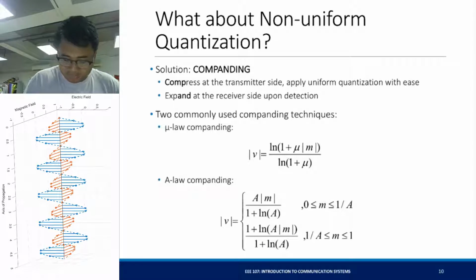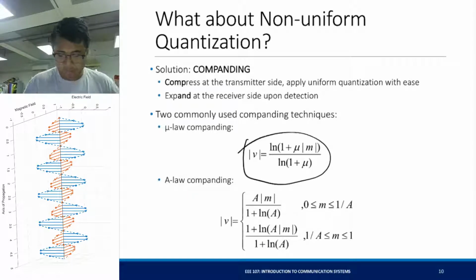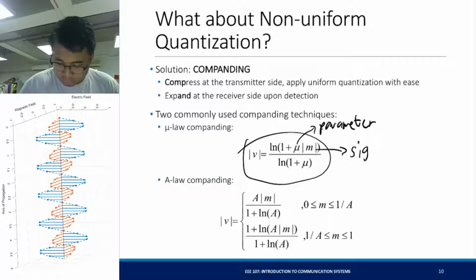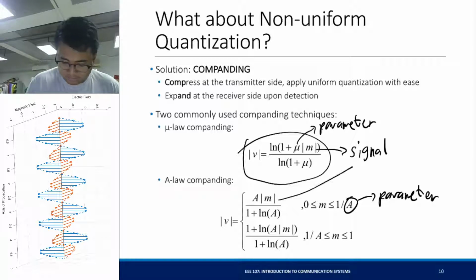The mu law is defined by this equation, okay, and mu here represents a parameter. The m here is the message signal. The A law companding can also be used, where the A here is used as a parameter and m is your signal. Okay?